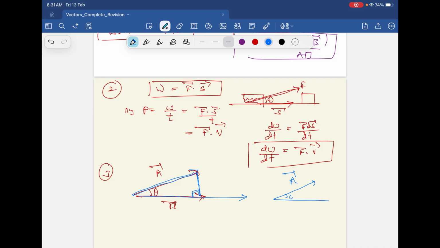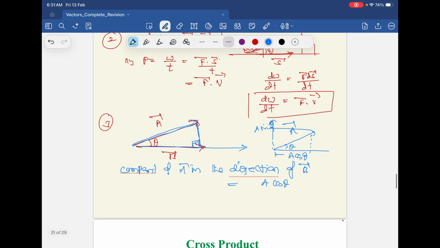If this angle is theta, the adjacent side becomes a cos theta, and the perpendicular becomes a sin theta. So the component of a bar in the direction of b bar is a cos theta.